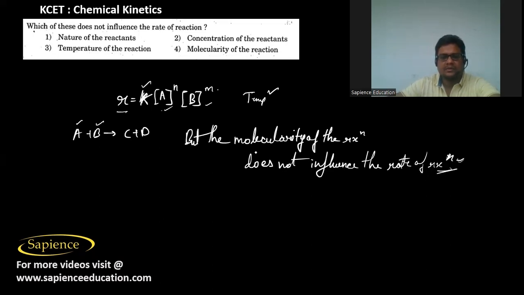Molecularity of the reaction means how many reactant molecules will collide with themselves, which will not influence the rate of the reaction. So option 4 is the correct answer.